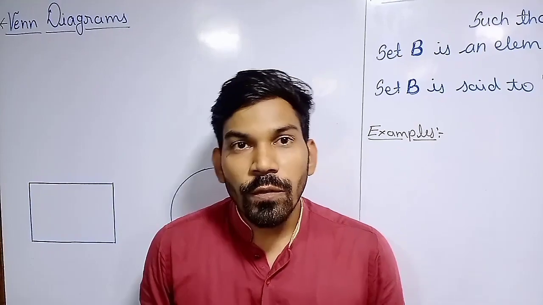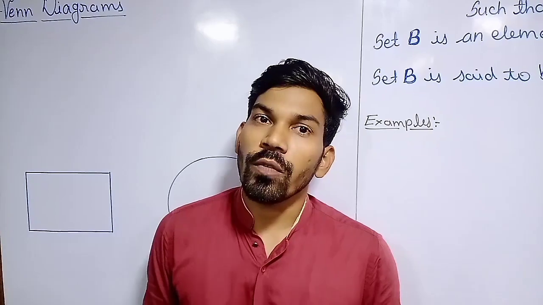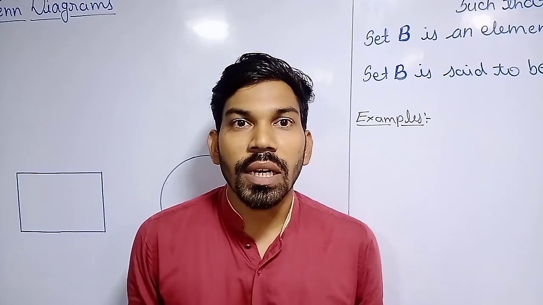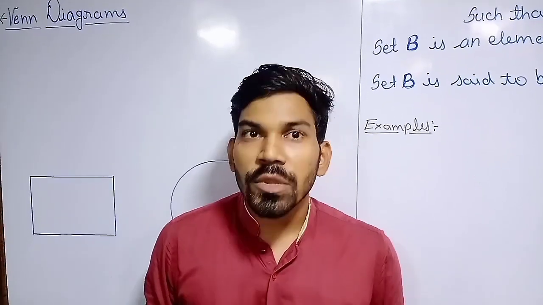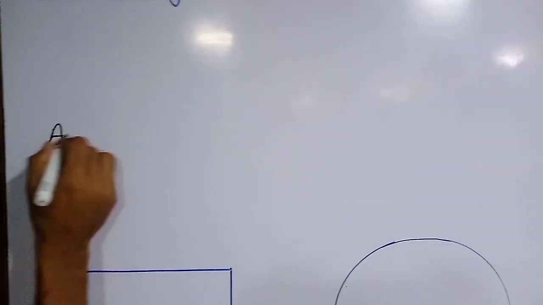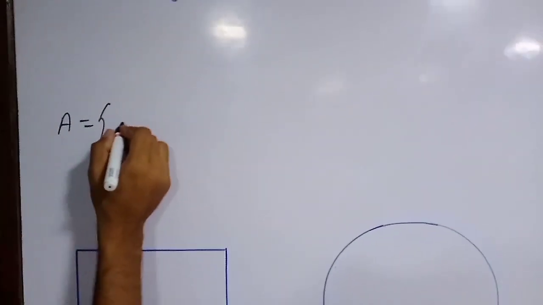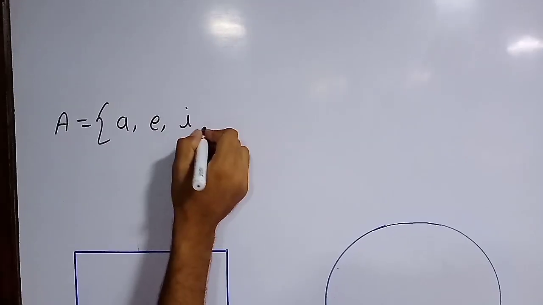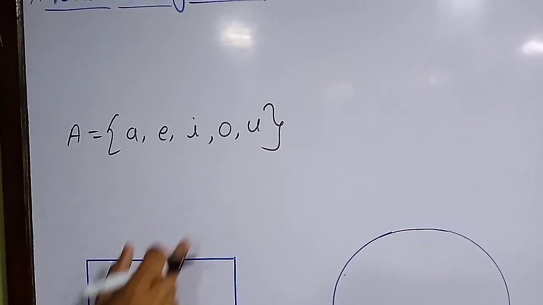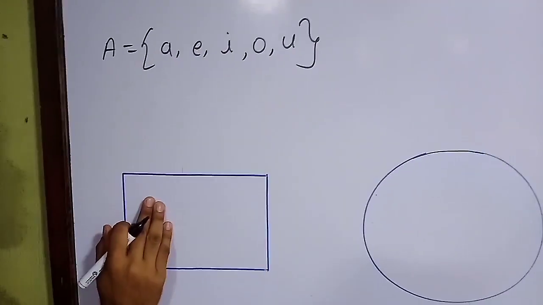For example, if I say there is a group of English vowels of the alphabet, we are a little bit confused about which elements should come in it. But if we represent the same thing by a diagram, set A is equal to the English vowels of the alphabet: A, E, I, O, U. This set A should be represented by a diagram, like in a rectangle way.